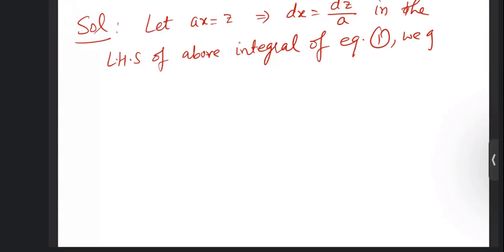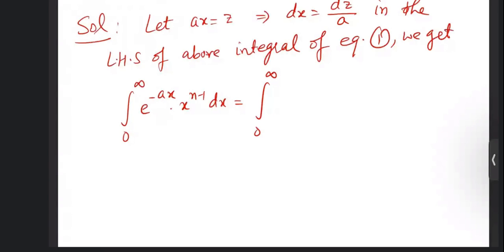We get this integral 0 to infinity e raised to power minus ax x raised to the power n minus 1 dx will become integration 0 to infinity. Limits are the same, as when x is 0, z will be 0, and when x is infinity, z will also be infinity. E raised to power ax replaced with z, that is e raised to power minus z. Then x will be z divided by a, z divided by a raised to the power n minus 1 into dz divided by a.